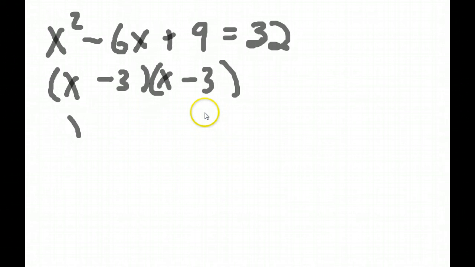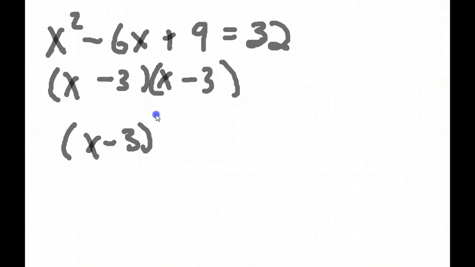Okay, so the left side, when we factor it, becomes x minus 3 quantity squared equals 32.